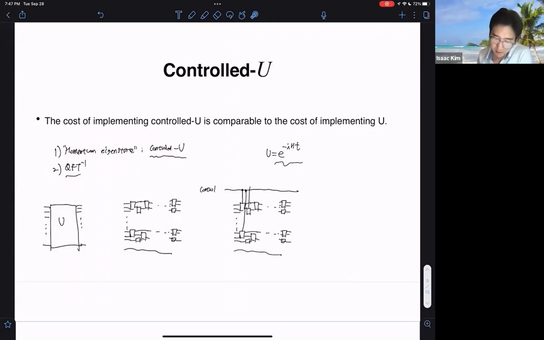The point I'm trying to make is that if you know the decomposition of U, like in this diagram, then making that unitary into a controlled version is very easy. You simply change individual gates into their controlled versions, like this.